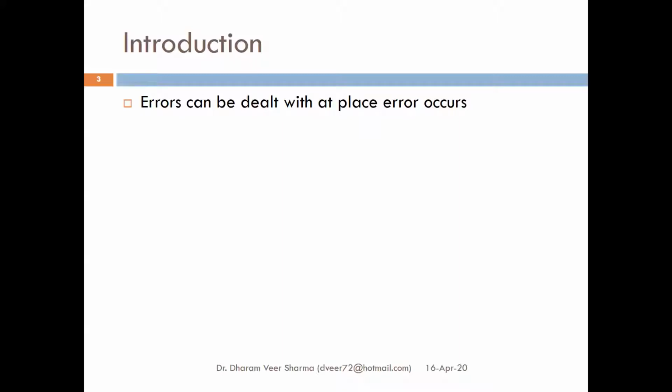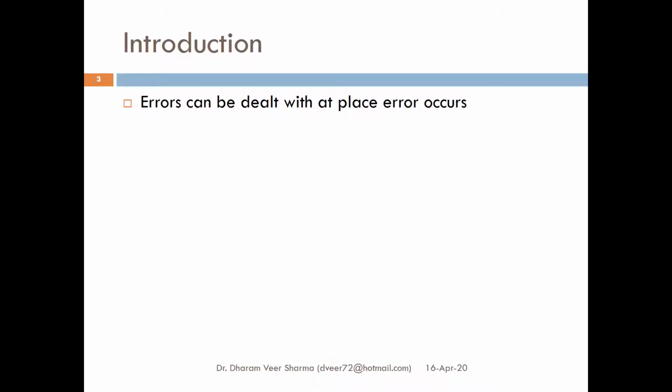Then there are third type of errors, which are some unexpected situations, right? Those are not syntax errors, those are not semantic errors, but some other conditions which are totally unexpected and they occur and they cause the program to terminate abnormally. A very simple example is you're trying to open a file for reading which doesn't exist.